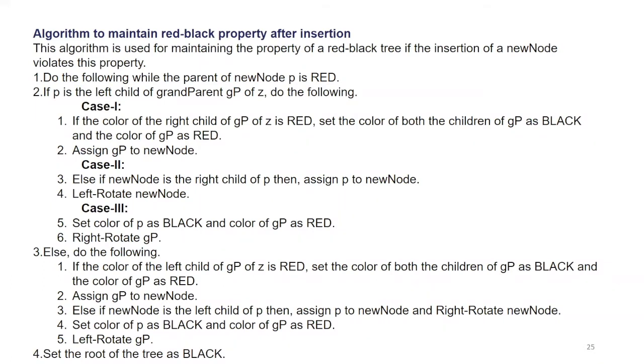Now if the grandparent is red, then we will left rotate or right rotate. If the color of the right child of grandparent G is red, set the color of both of the children of GP as black, and the color of GP as red. Assign GP to a new node.